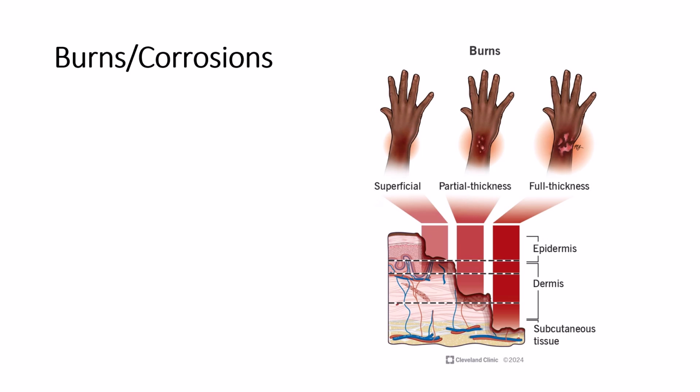A corrosion is a tissue injury caused by contact with a chemical substance. So, unlike burns caused by heat or electricity, corrosions specifically involve chemical destruction of the skin and the underlying tissues. So, let's review some FTRs when coding burns and corrosions.